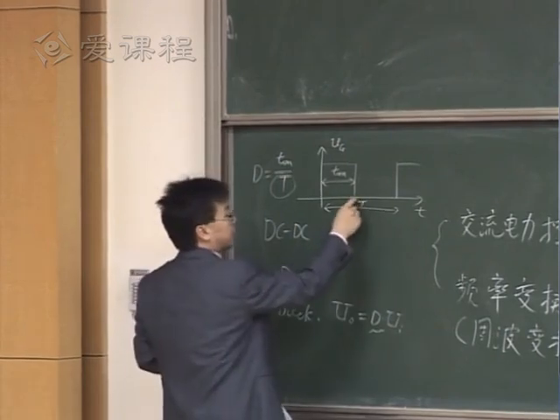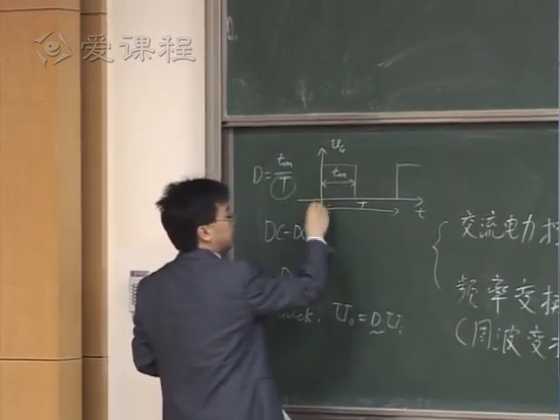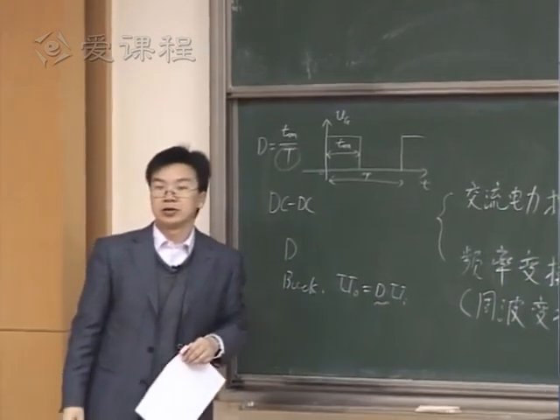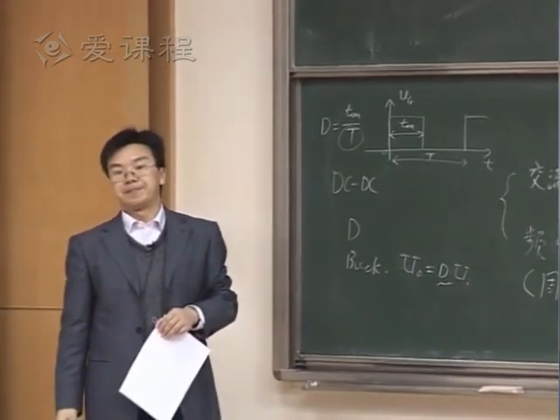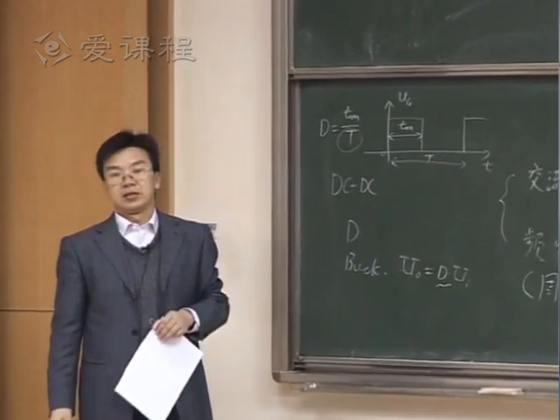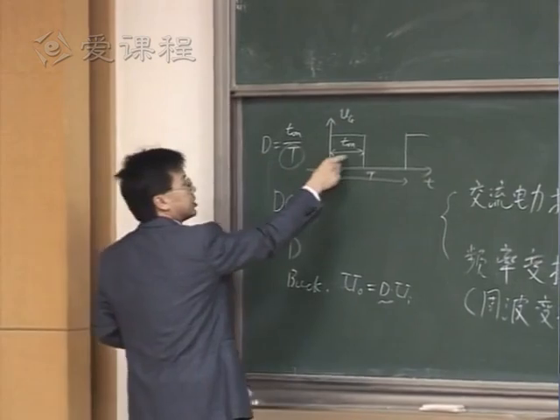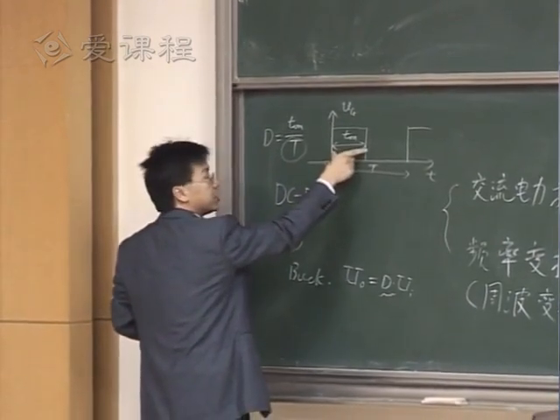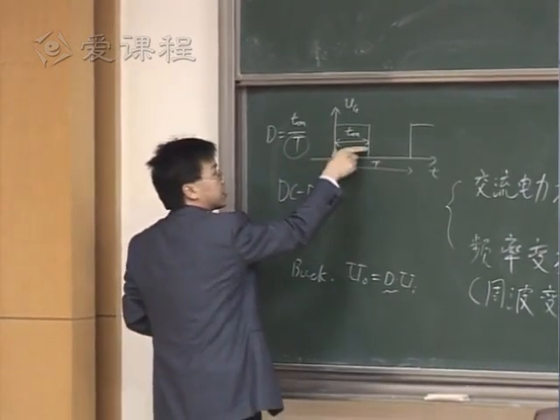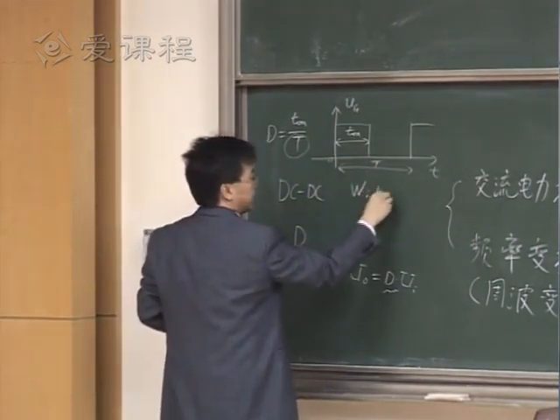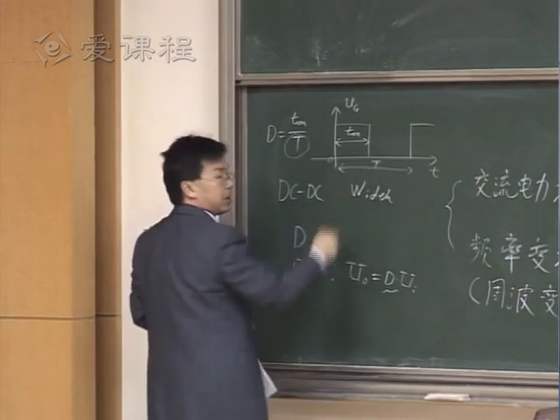If you want to turn it off, you send usually a zero level or even a negative voltage signal on the gate. So by changing the duty cycle, you are actually changing T on. T on is the width of a pulse.